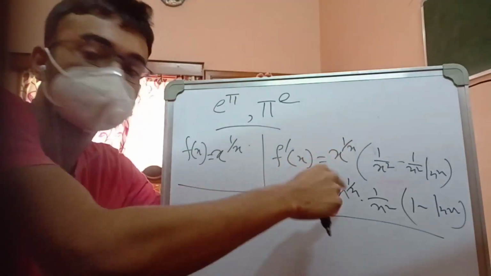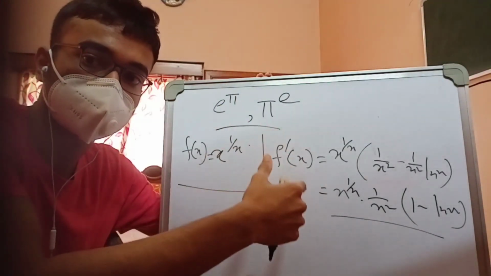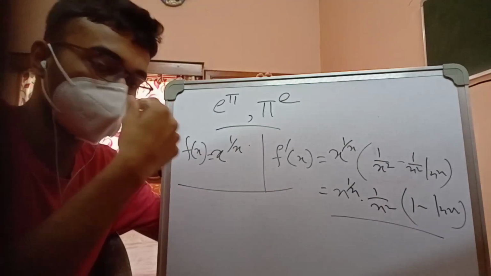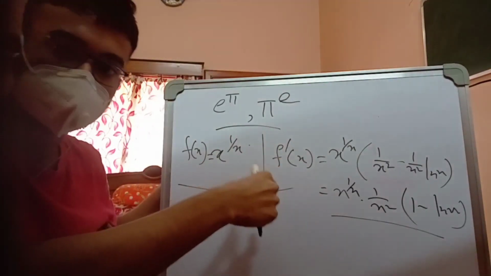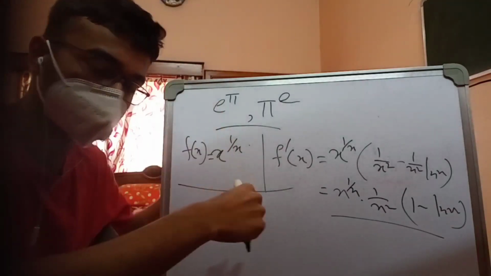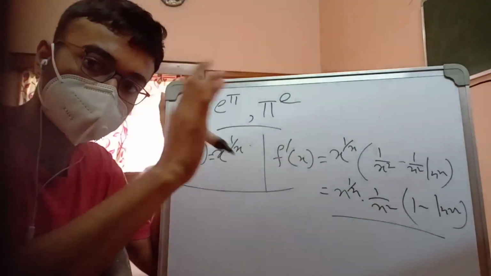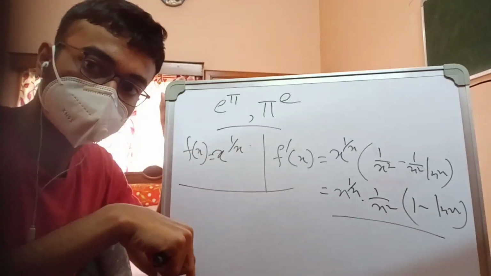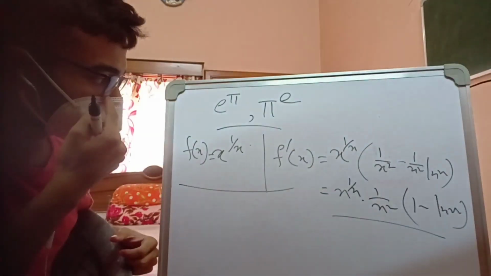This is a very fine trick to do this kind of exponential differentiation in a quick manner, without assuming any log function or anything like that. I have assumed a log function in my mind, but this is very fast. If I get time later in the video, I could show you, or otherwise I would give the link in the description. So no matter.